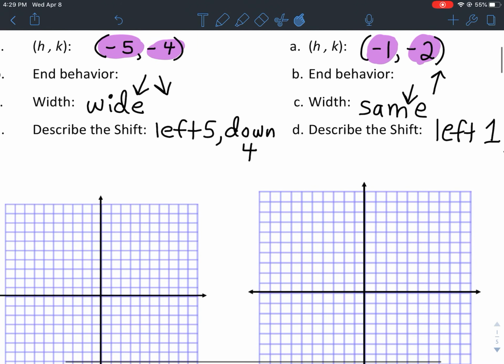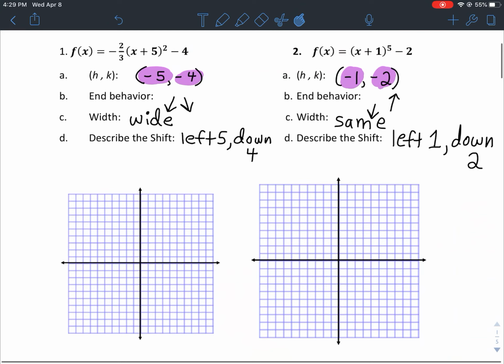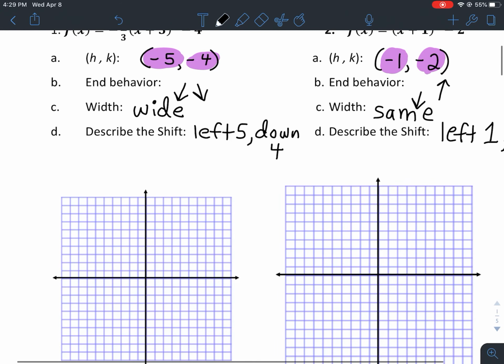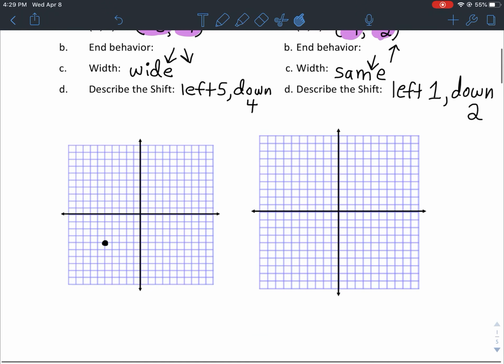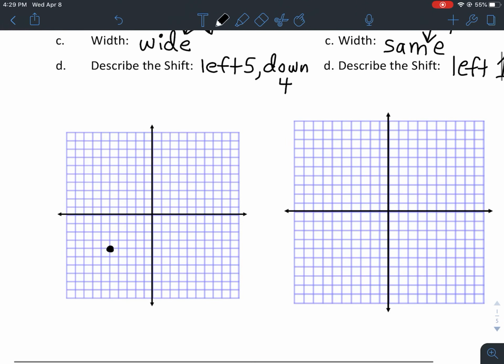So now if we graph each of these, for number 1, I'm going to go left 5, down 4. Both of my end behaviors are going down, and it's going to be a little bit wider than if A was 1, so it's not perfect here, but something like that.